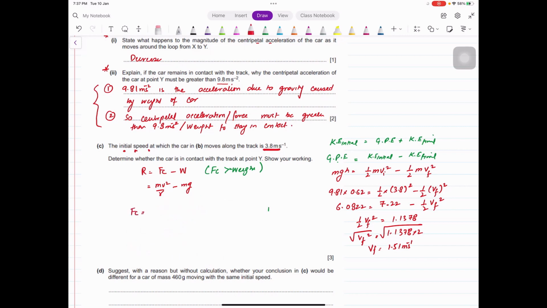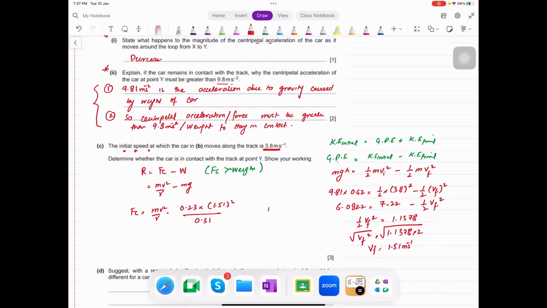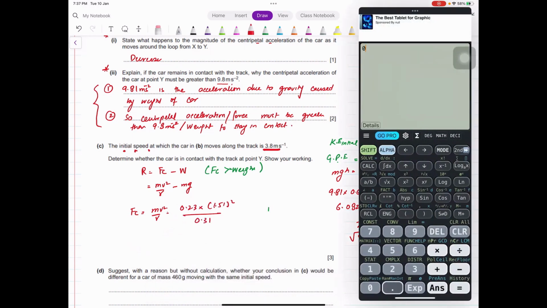Centripetal force is mv squared over r. So when you do 0.23 and 1.51 whole squared over 0.31, Gatika, it is going to be equal to 1.69 newtons, right?